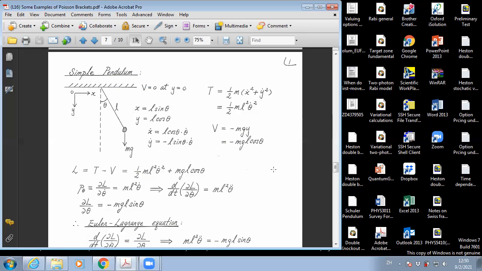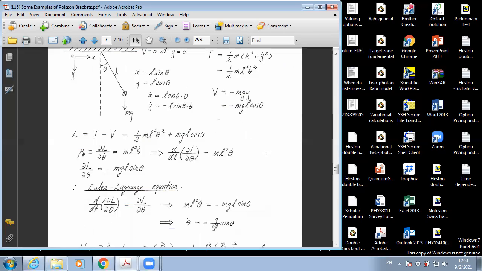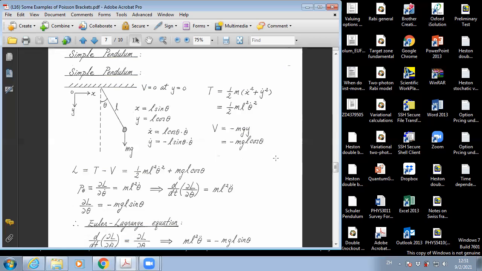All right. Now, there is a constraint relation, x squared plus y squared equal to L squared. So, in fact, there is only one generalized coordinate, i.e. theta, all right?